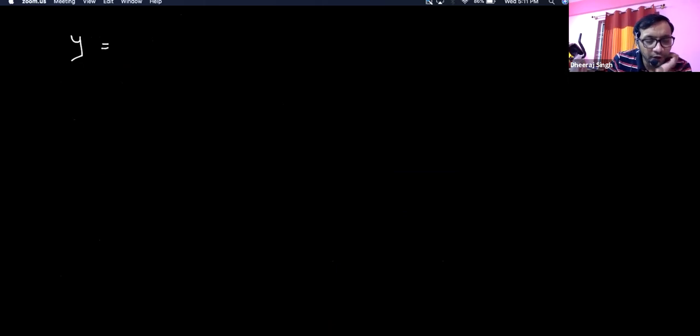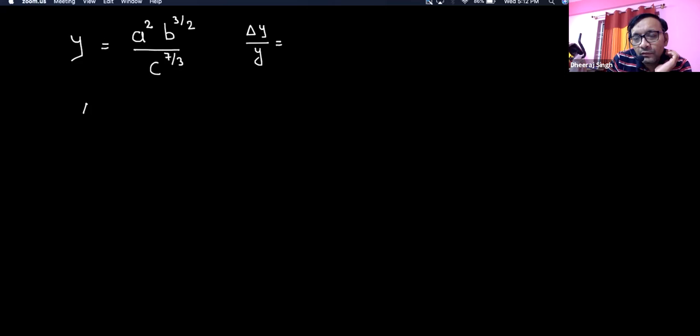Okay, all of you do this. Suppose Y is equal to A to the power 2, B to the power 3 by 2 divided by C to the power 7 by 3. Then you have to tell me what is the error in Y. Delta Y by Y will be what? All of you do this.